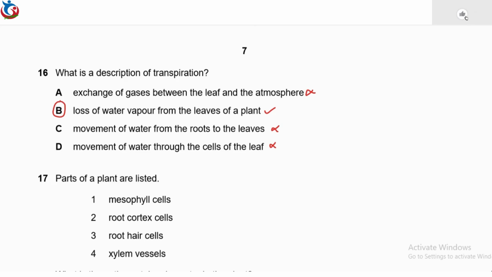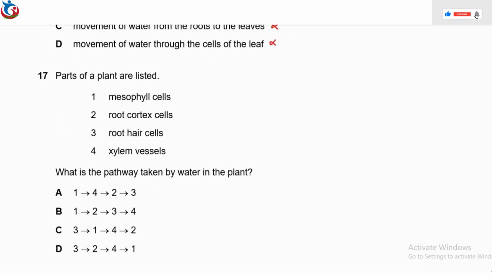We'll now move to question 17. Question 17 says, parts of a plant are listed. We have the number 1 mesophyll, 2 root cortex cells, 3 root hair cells, 4 the xylem vessels. What is the pathway taken by water in the plant?